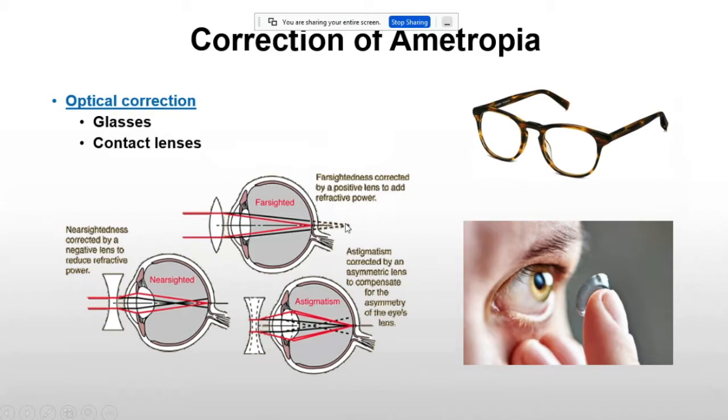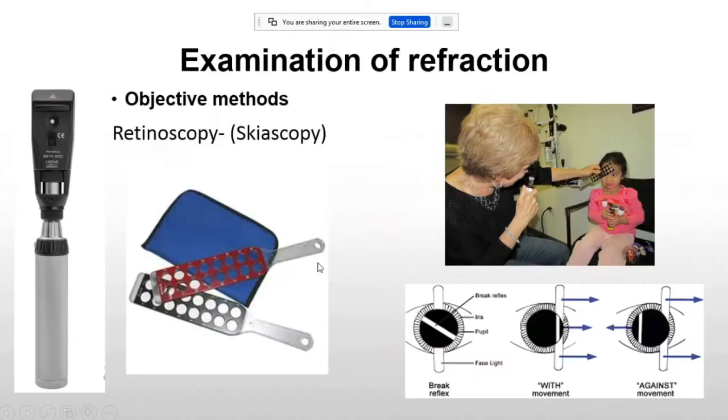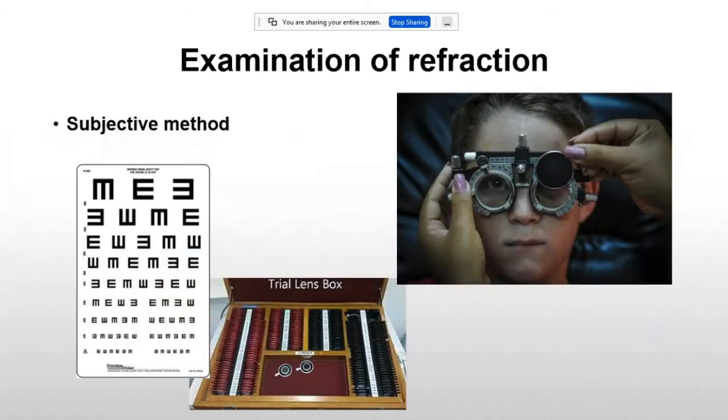The focus of a hyperopic eye, that is behind the eye, through accommodation or plus lens, goes forward to fall on the retina. So if we put plus 1 and the eye is emmetropic, we'll make it myopic and the patient will say, now it's worse. So we decide that's an emmetropic eye.